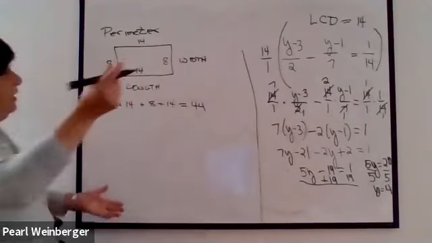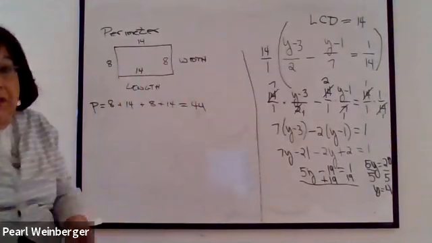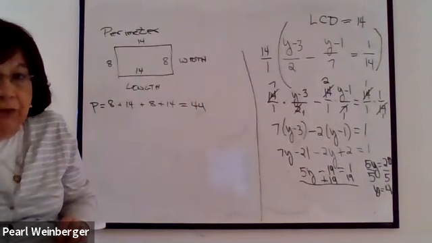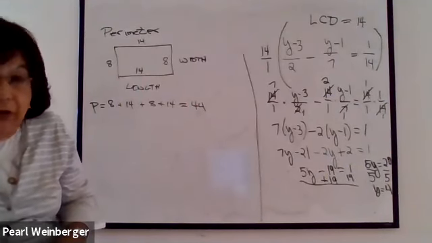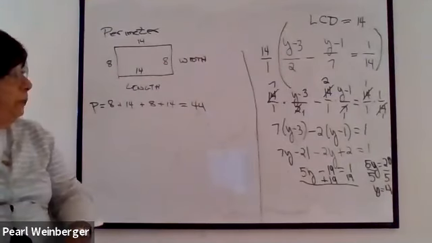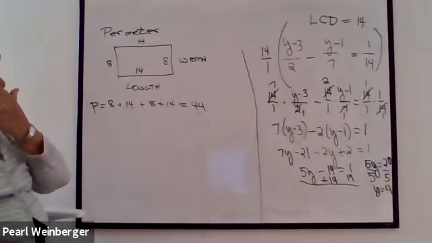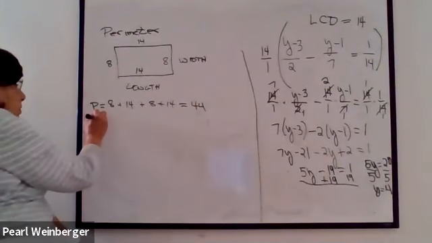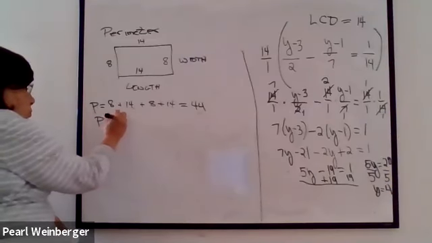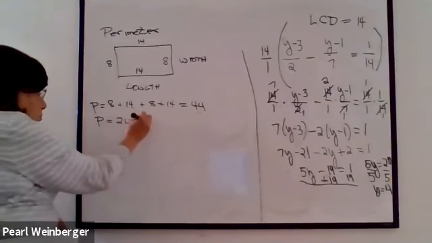Let's say it's feet, but I don't know what we're measuring. It could be feet, inches, meters, whatever. An alternate way of doing this is to use the formula that the perimeter is 2L plus 2W.